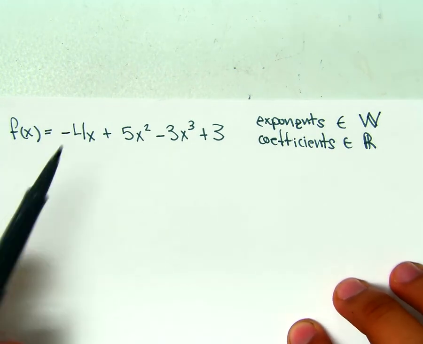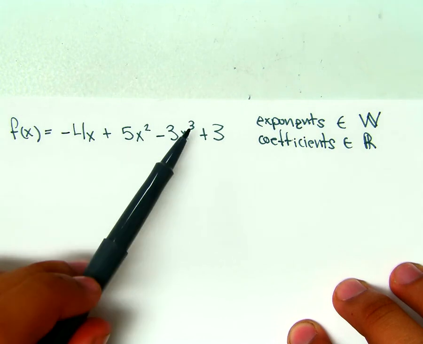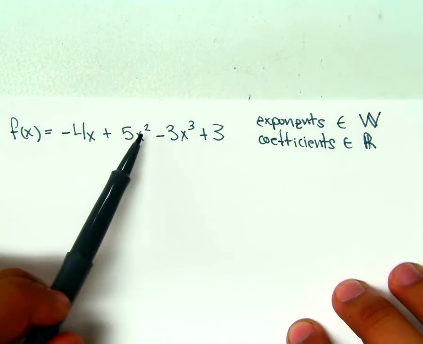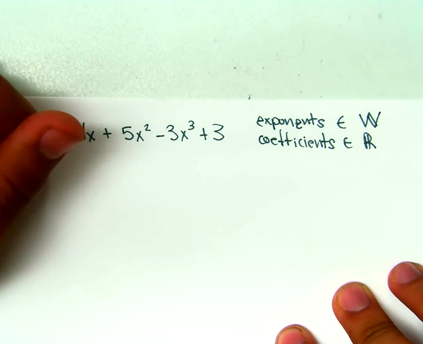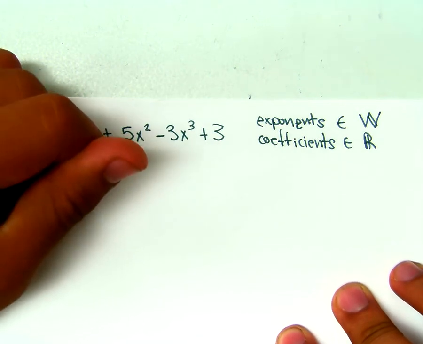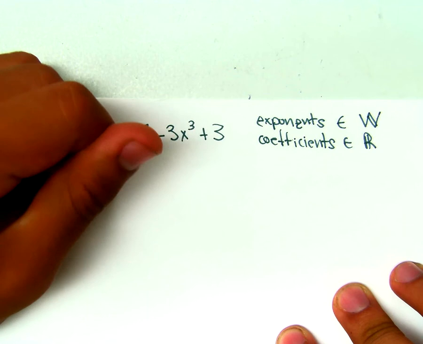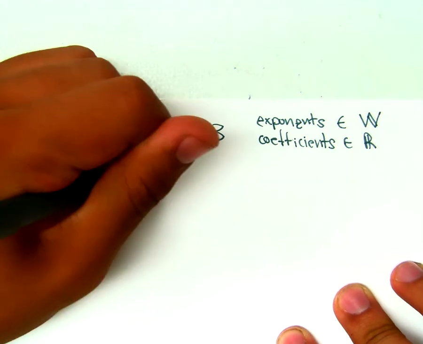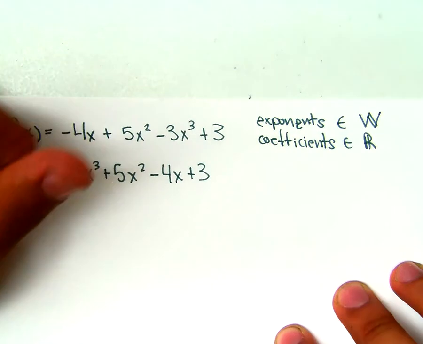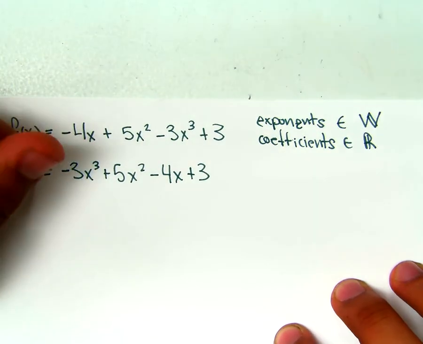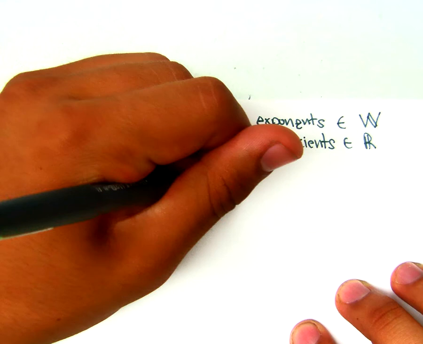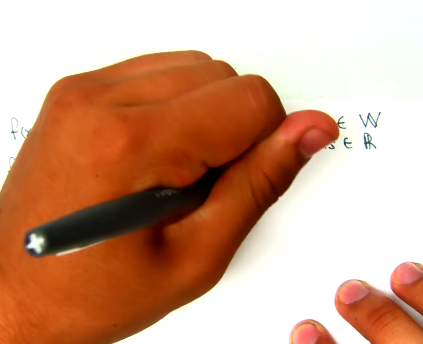And what dictates the order are the exponents. Okay? So descending means the highest exponent to the lowest exponent. So when we rewrite this, we'll get negative 3x cubed plus 5x squared minus 4x plus 3. Okay? Still f of x. So this function is now in standard form.